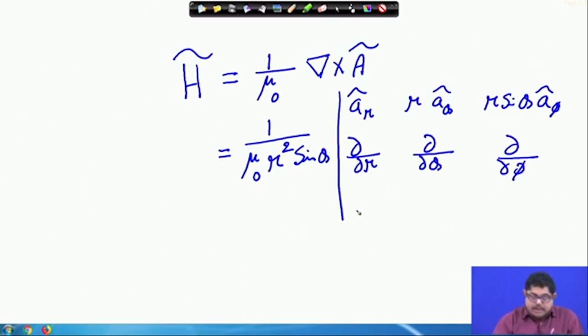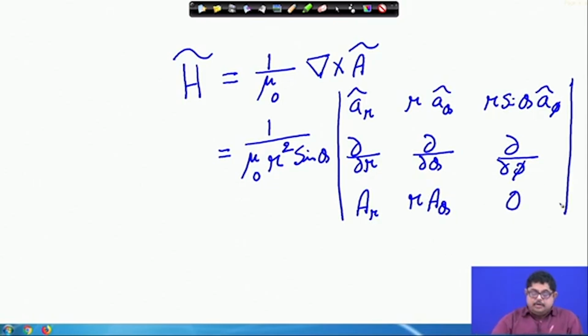And we have this A r component, we have an A theta component, we do not have any phi component. So, from this it is easy to find the H r, H theta and H phi components.